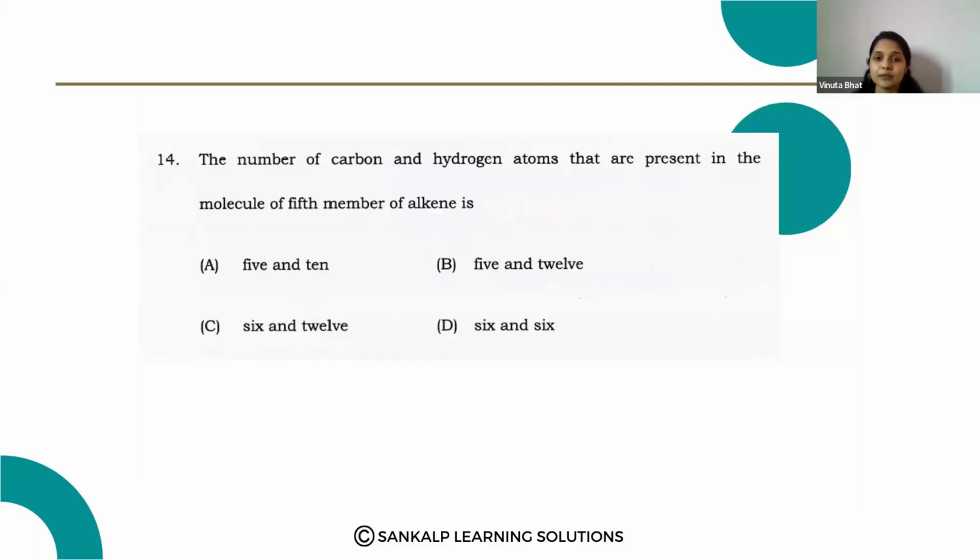The number of carbon and hydrogen atoms that are present in the molecule of the fifth member of the alkene is: option A 5 and 10, option B 5 and 12, option C 6 and 12, option D 6 and 6. Fifth member means 5 carbon atoms, right?